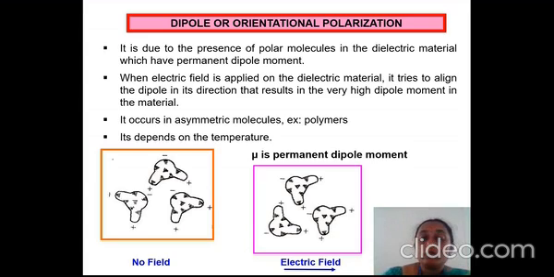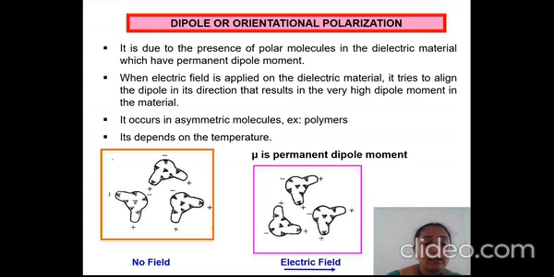The alignment of the dipole moment increases. A very high dipole moment is produced. Such type of polarization takes place in asymmetric molecules, for example polymer. The orientation polarization is represented by mu squared divided by 3 kT.